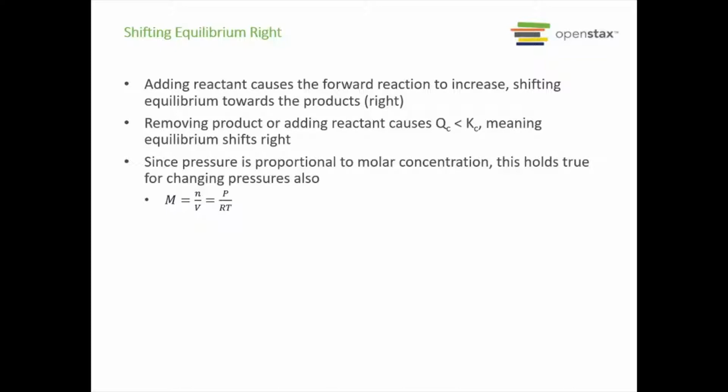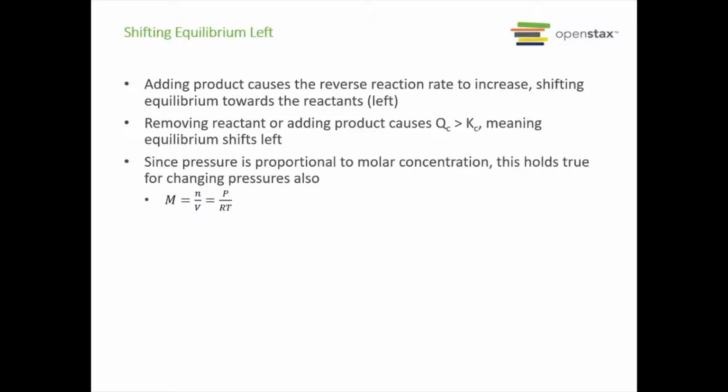If we remove some product or we add reactant, either one of these is going to cause our Q to be less than K, meaning our equilibrium is going to shift right. Okay, and this also holds true for changing the pressures because pressure is proportional to molar concentration. So same thing when it comes to pressure and its effect on Q.